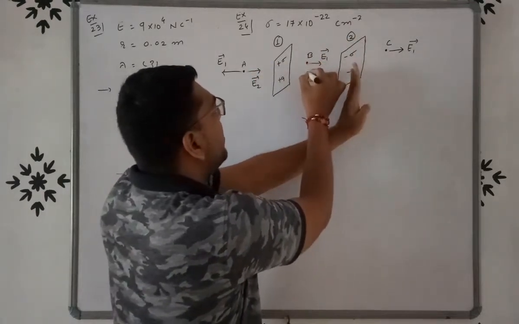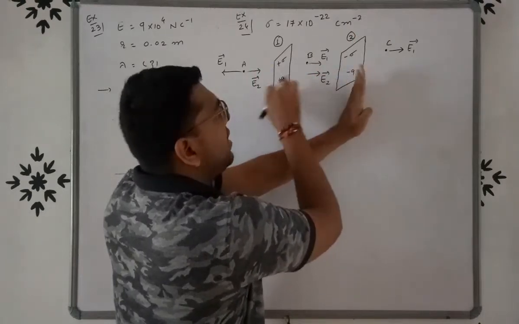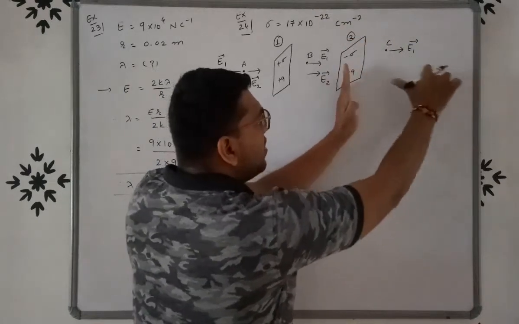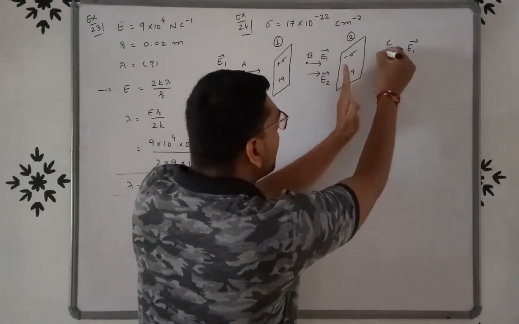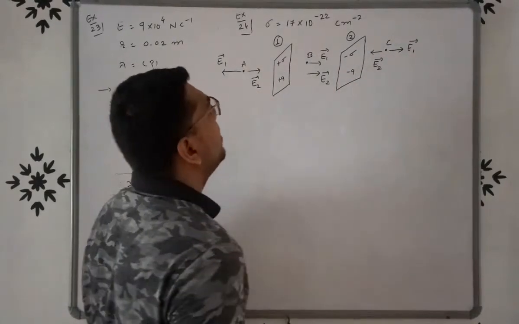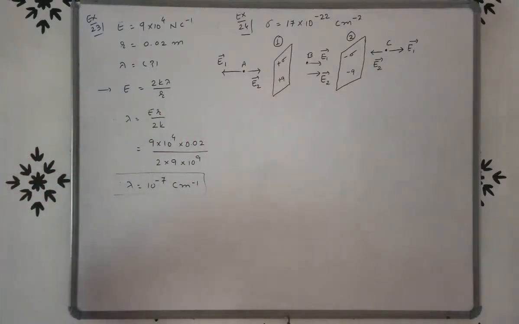Here at this point like this, E2, inward. Now at point C there is negative charge, so inward, like this. So these are the directions of electric field.